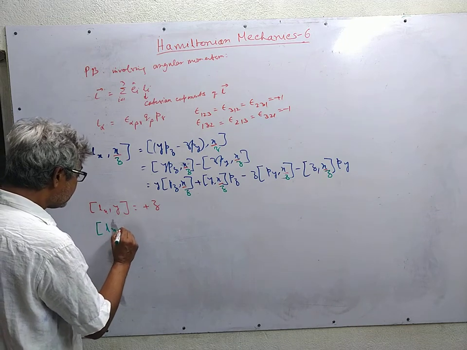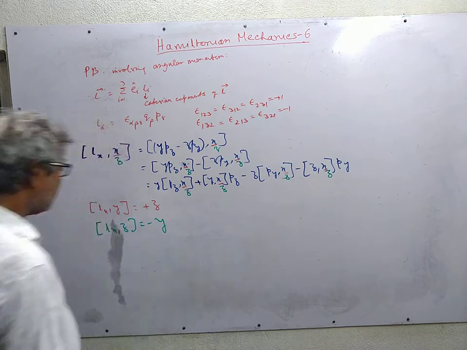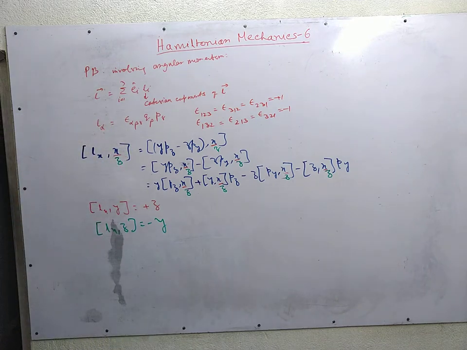So [L_x, z] is equal to minus y. So there are altogether 9 such results.